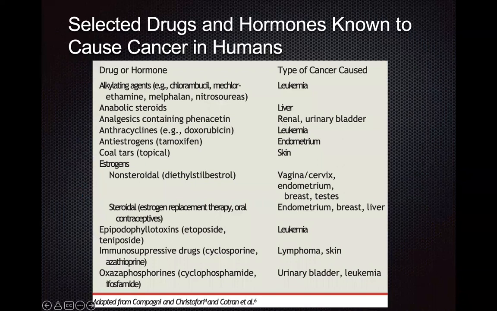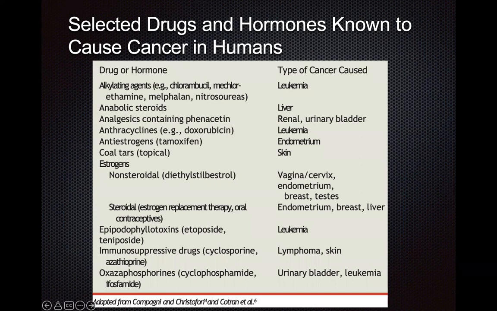I'm going to remind you as well that in the molecular process of carcinogenesis, there are going to be DNA mutations that transform the genes in a cell. Therefore, these drugs and hormones, which are known to change the DNA of cells, tend to have a similar risk of causing a cancer, or of promoting carcinogenesis.